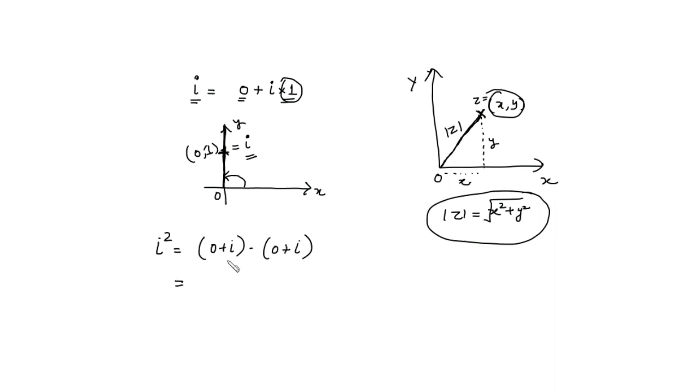Using the product rule, x1 into x2 is 0, minus y1 into y2, which is 1, plus iota times (x1 into y2, which is 0, plus y1 into x2, which is 0).